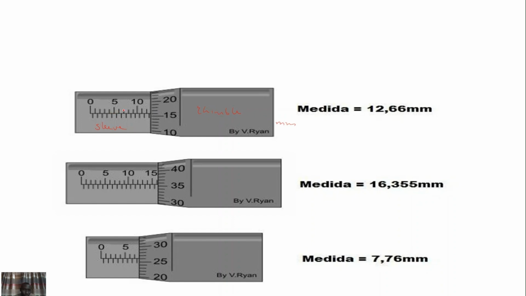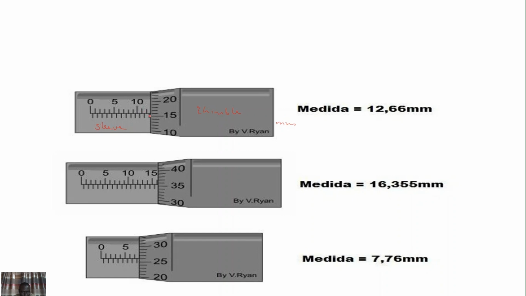Now, what you first do is you look at the sleeve scale. This is 5, 6, 7, 8, 9, 10, 11, 12. Okay. And if you look at the markings below, they are 0.5. So this is 0.51, 0.52, 0.53, etc. Look at this, this is 11.5, 12.5.